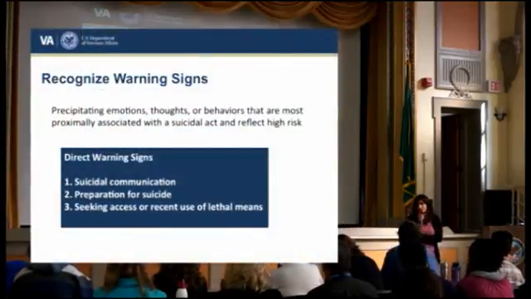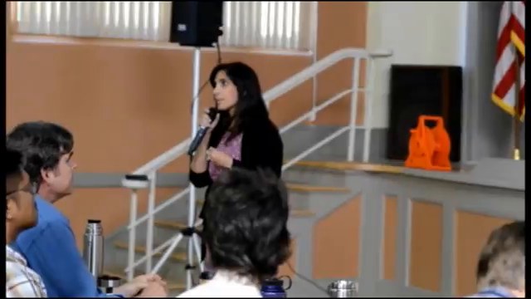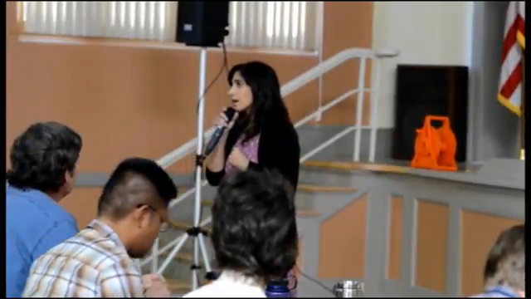Another piece of that too, in addition to the timeline, is have they started to actually gather materials? Have they been rehearsing? If it's something where they're going to jump off a bridge, are they actually going to the location, working themselves up to it, so to speak?